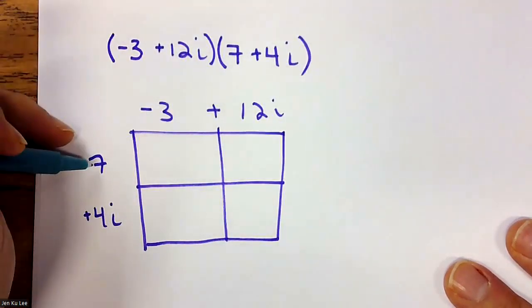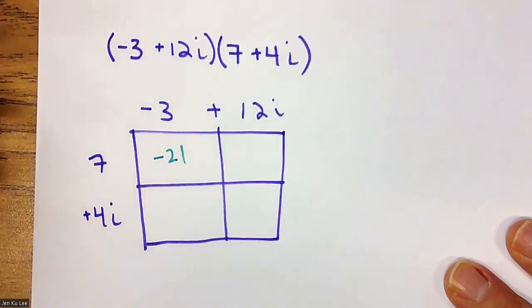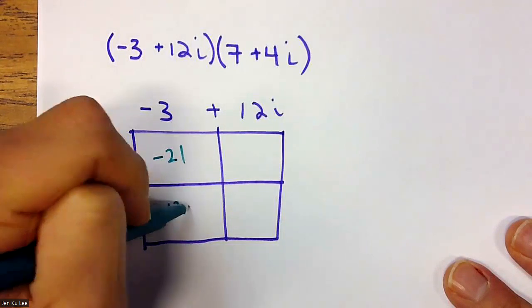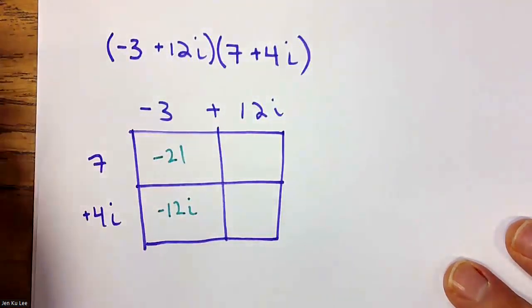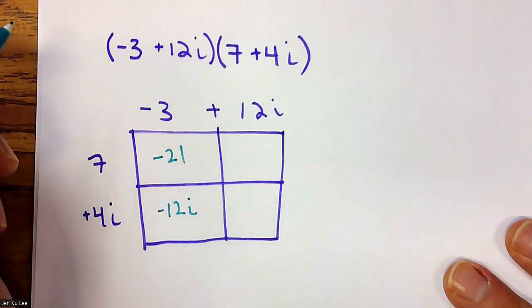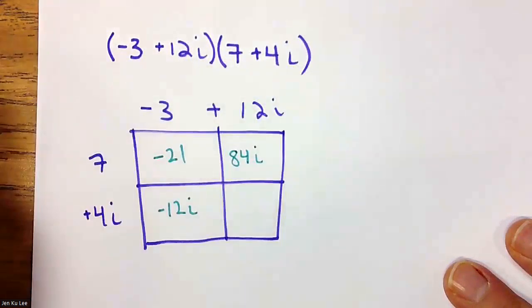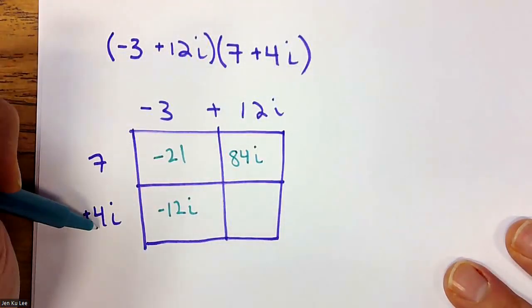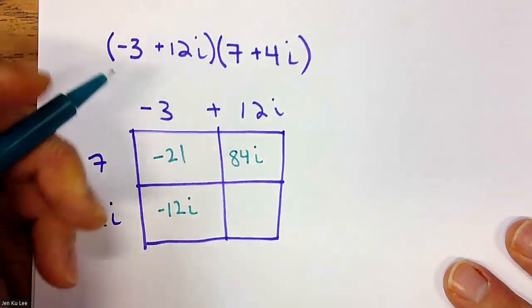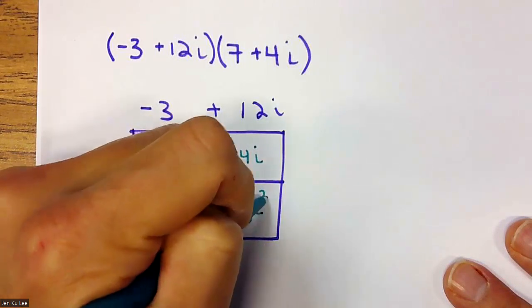So -3 times 7 is -21. -3 times 4i is -12i. 7 times 12i. What is 7 times 12? 84i. And then 12i times 4i. What is 4 times 12? 48i squared then, right?